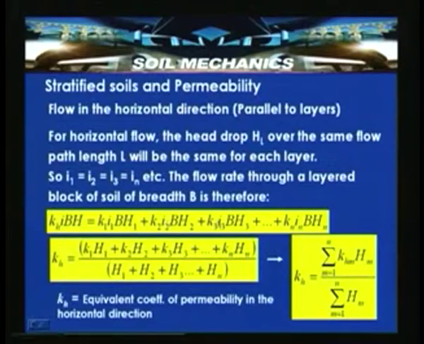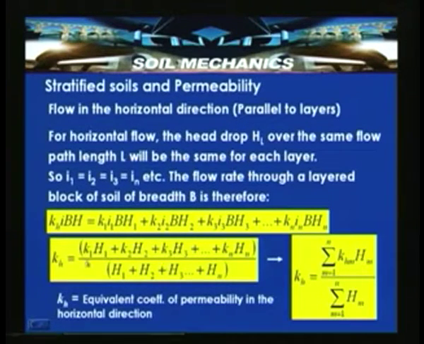Similarly, writing for layer 1, layer 2, layer 3 to layer n, we can write K1 I1 B H1 plus K2 I2 B H2 plus K3 I3 B H3 to Kn In B Hn. So KH, the equivalent coefficient of permeability in the horizontal direction, is equal to K1 H1 plus K2 H2 plus K3 H3 and so on to Kn Hn, divided by H1 to Hn.